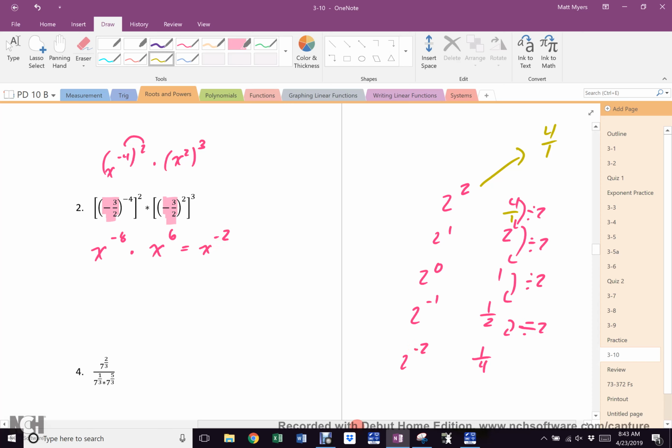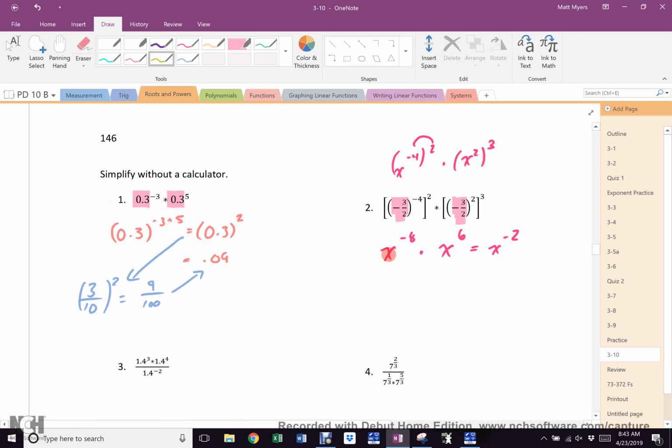So, let's come back to the real world. What is my base? Negative 3 over 2 to the negative 2. What does a negative exponent do to the base? Flips it to become 2/3.